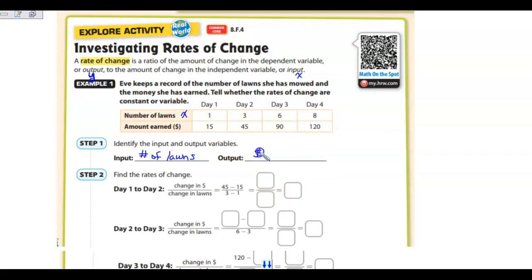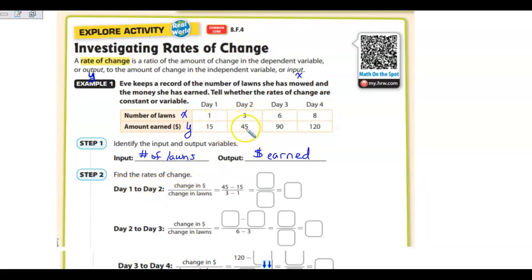So that's going to be the money earned. And so that's going to be your y. In order to find the rate of change, it's a ratio and it's over time. So we're going to find the difference in those times and use that information to determine if it's a constant or a variable. All right, so we have day 1 to day 2.